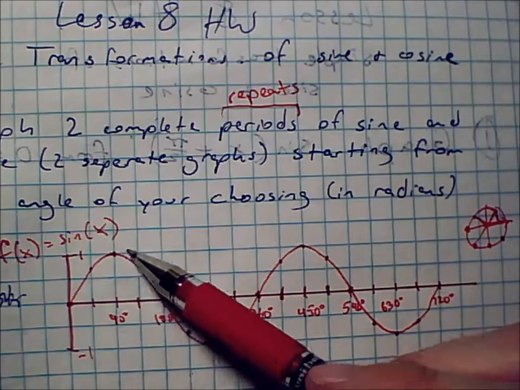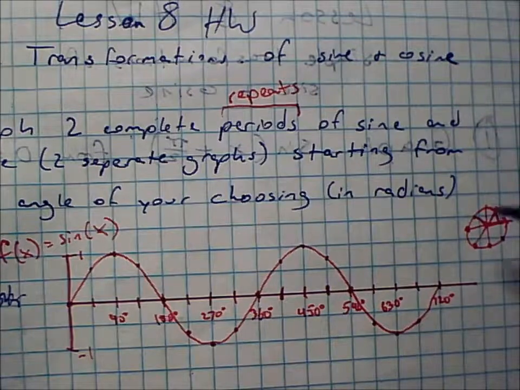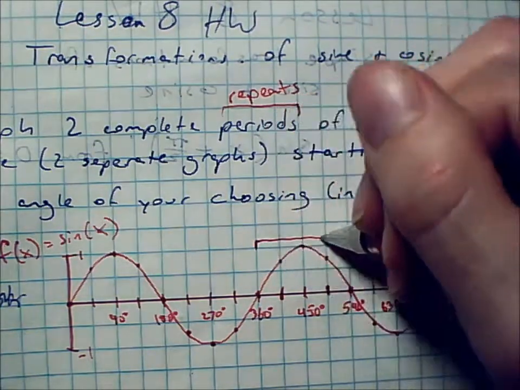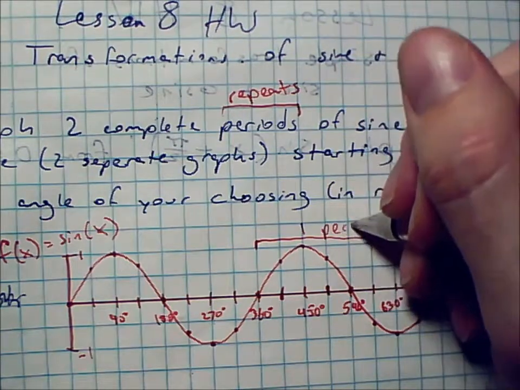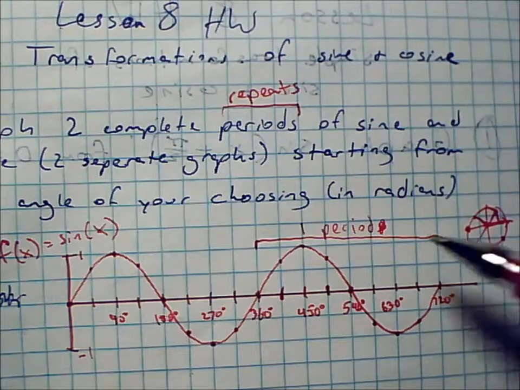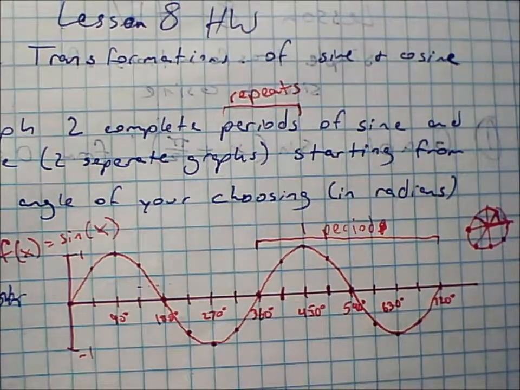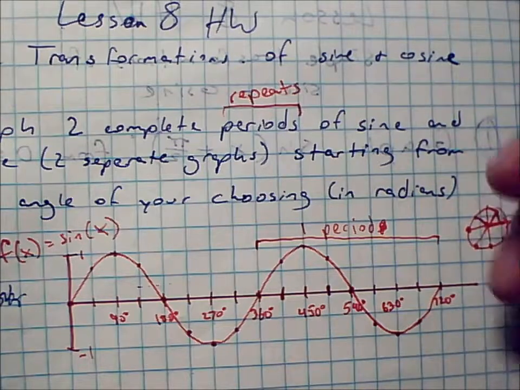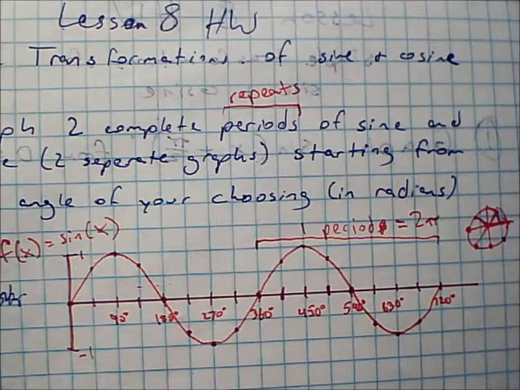So a complete up and down, and then back to the starting place motion would be one wave. So this would be a single period right here. So I have two periods in total. So here's one, then there's another one. Each period here lasts 2 pi. One complete revolution.